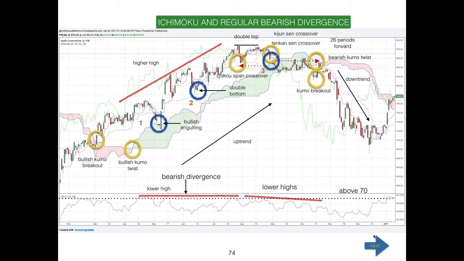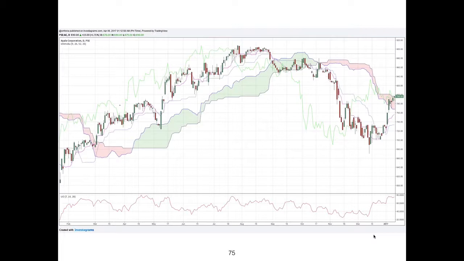But currently, AC was already able to reverse this position. It's already trading at new highs. So the bearish divergence boosted our conviction of a reversal to the downside along with the bearish Kumo twist and the other bearish Ichimoku elements.